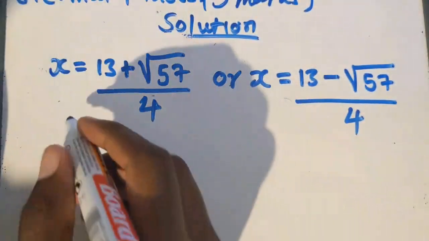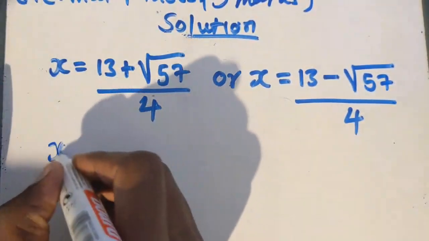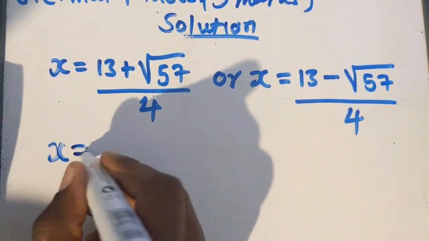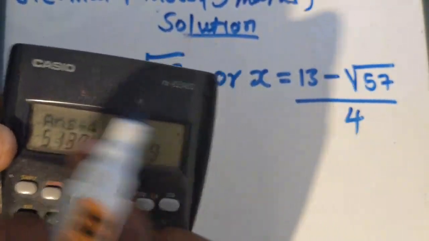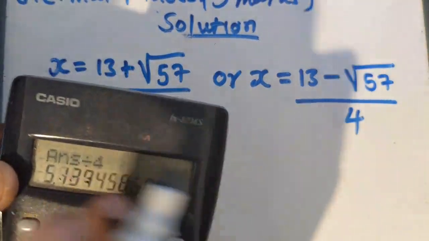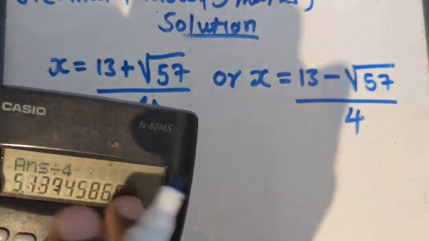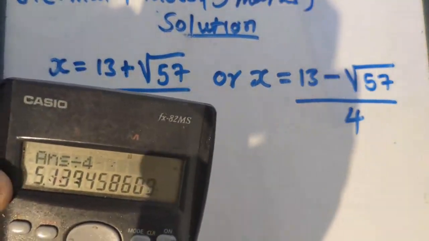So you write your answer in full. You say x is equal to, you copy this answer. Don't round it off just like that, because they won't know which answer is your answer.